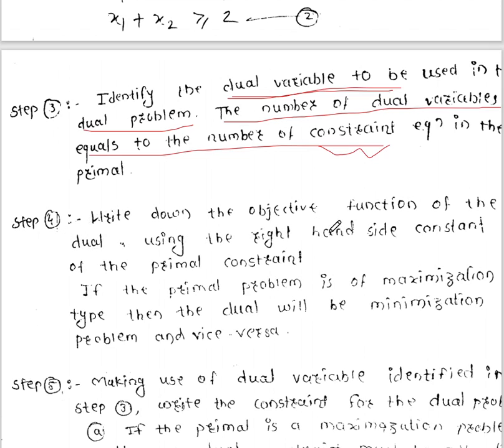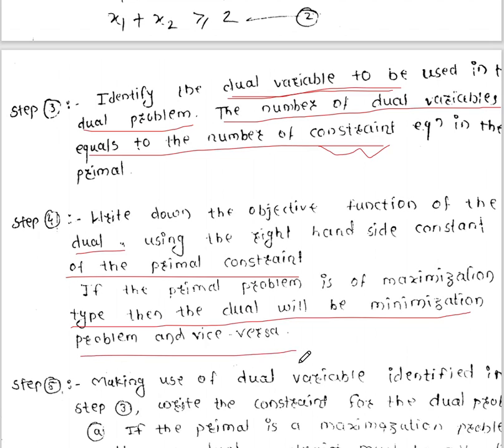Step number 4: write down the objective function of the dual. We take the dual of the given primal problem using the right hand side constants of the primal constraints. If the primal problem is of maximization type, then the dual will be a minimization problem, and vice versa.